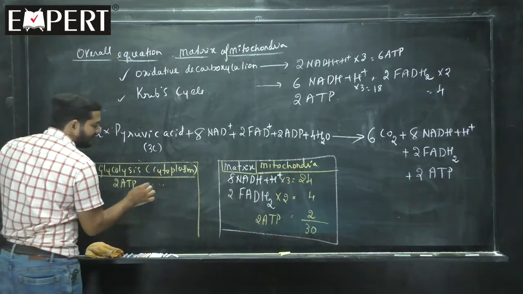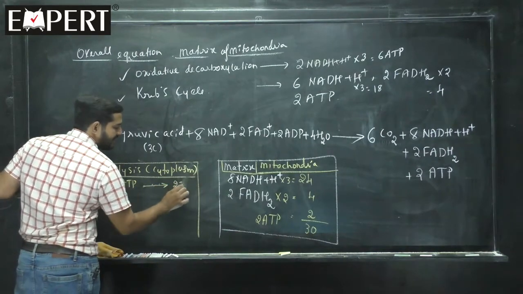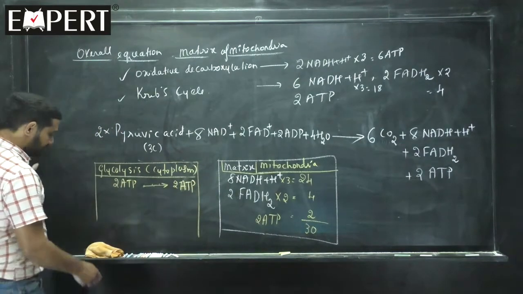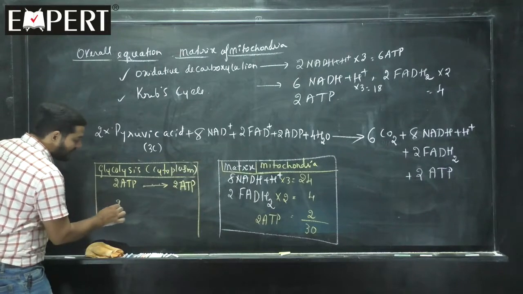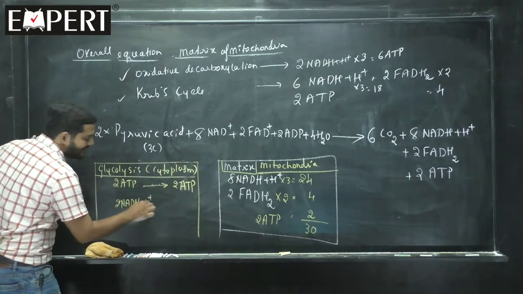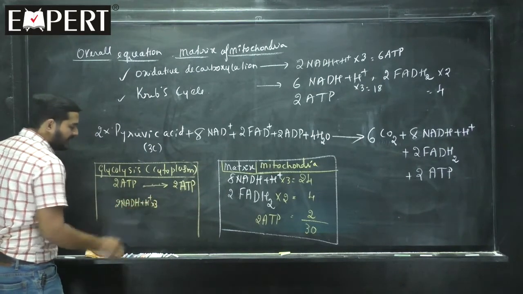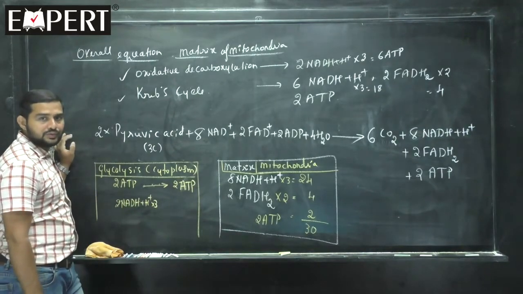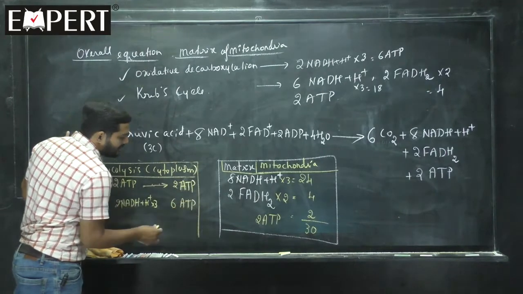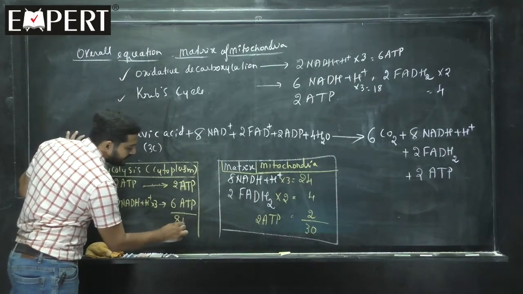So, I will write here 2 ATPs are there. These 2 ATPs are formed by substrate level phosphorylation, plus 2 NADH plus H plus is also there, into 3 if I make it. So, 3 into 2, 6 ATP, 6 plus 2, it altogether becomes 8 ATP.